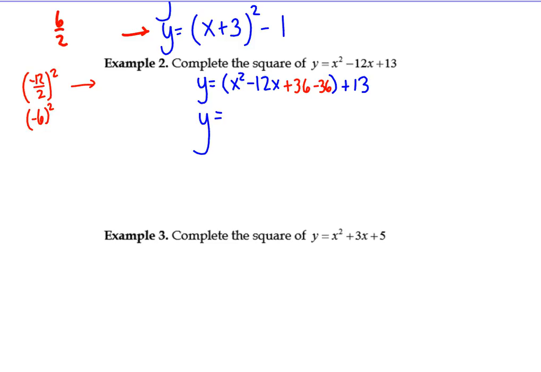Okay, so who do we have to bring out? Get rid of or move outside? The minus 36. That's now a perfect square trinomial. So bring the negative 36 out. Okay, we can do this last step all in one go.